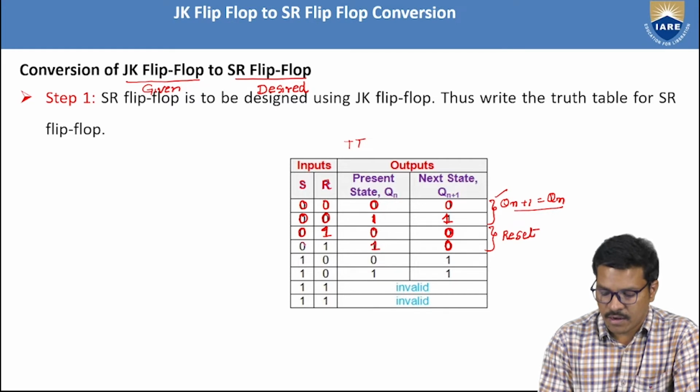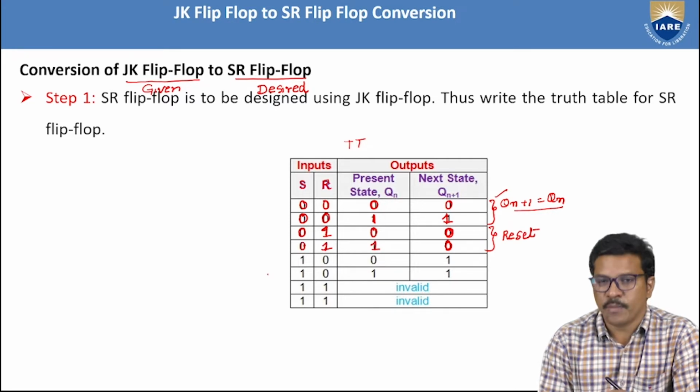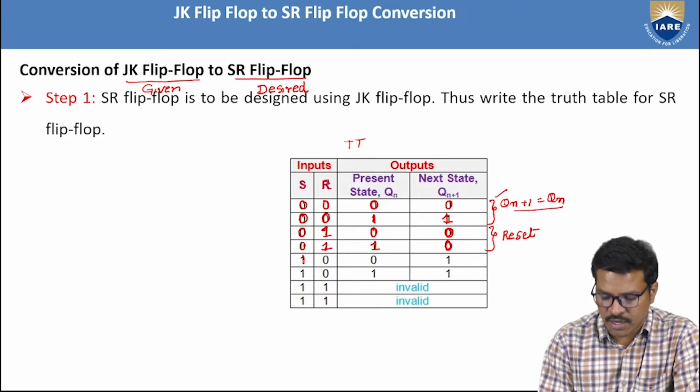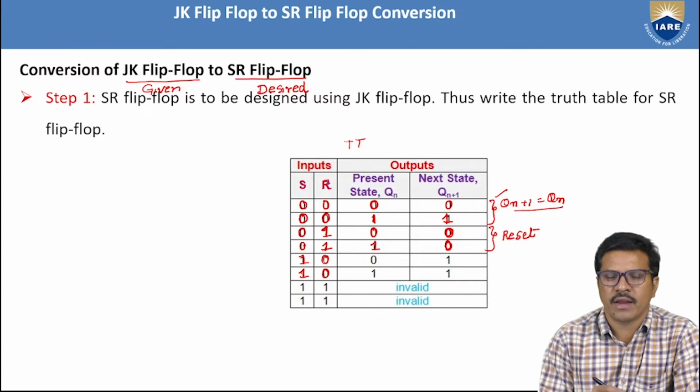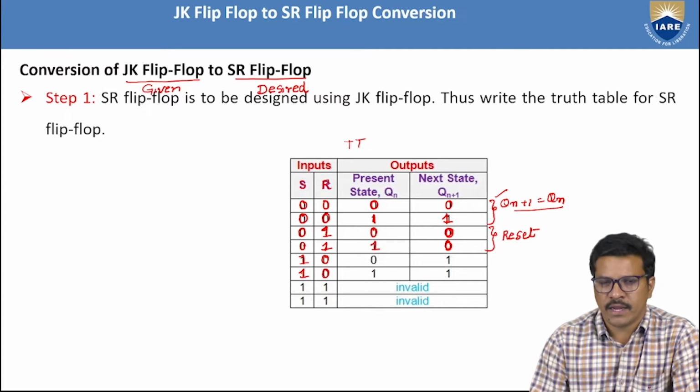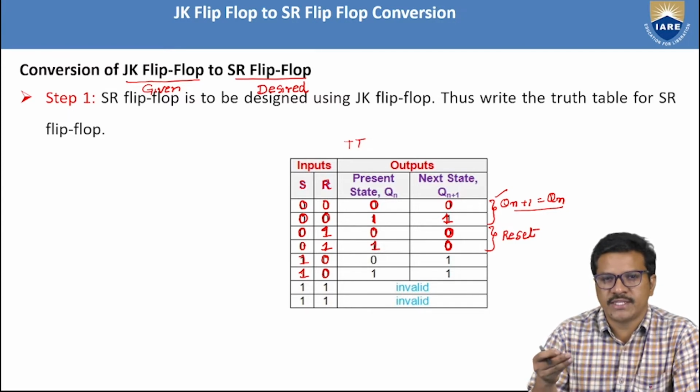And then the next combination, the 1, 0 combination. In the SR flip-flop truth table, 1, 0 means set. It is intended to change the output to the set state, irrespective of whether the present state is 0 or 1.